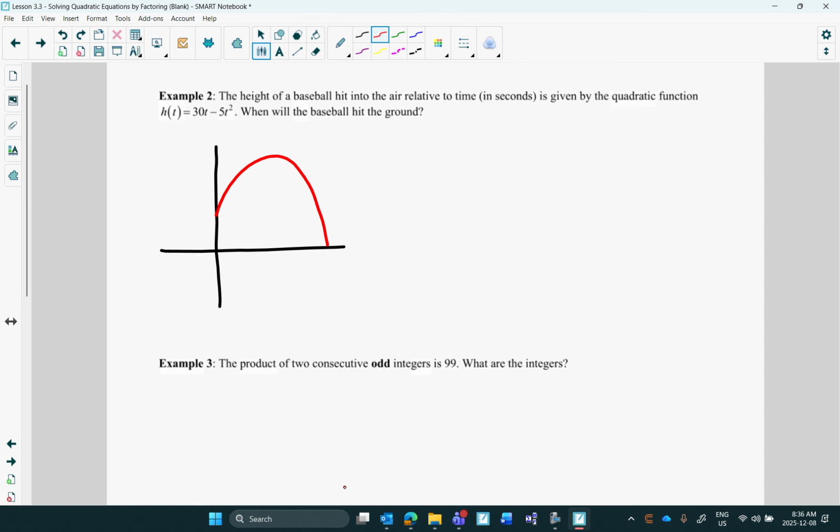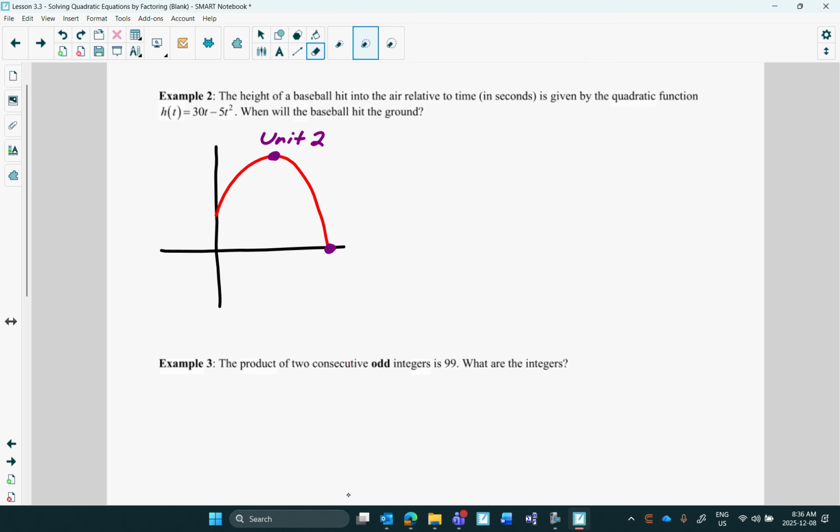But in the last unit, we found the maximum height the diver reached and the time it took to reach that height. That was unit 2. We're not asked to find that here. We're asked to find when does the diver hit the ground. So we're actually asked to find this point.